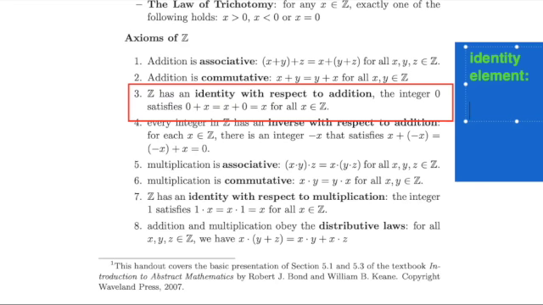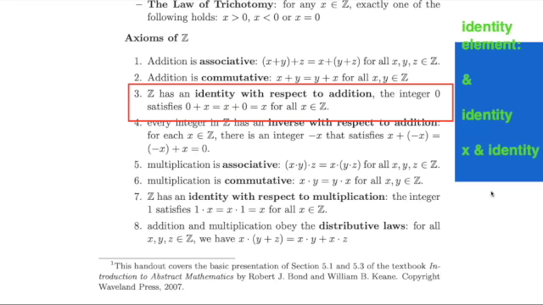So if you're looking at just an arbitrary binary operation, which I'll call ampersand, then the identity element would be: x ampersand identity equals x. In other words, it doesn't change. And identity ampersand x equals x.